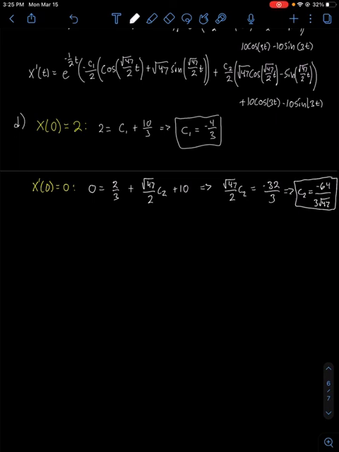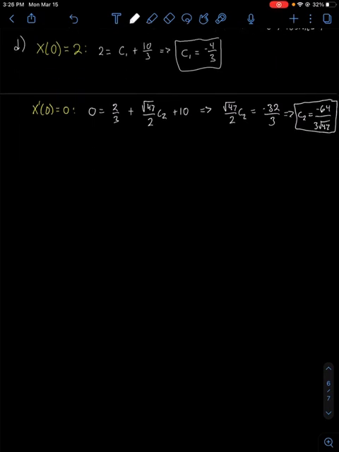And those are the C1 and C2 terms, which means for part E, we can write out the entire general solution.